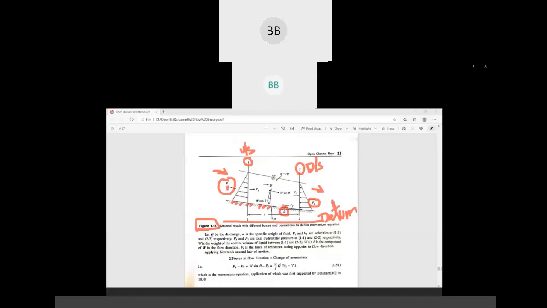Then we all know we have to resolve into two components. One is W sin theta, one is W cos theta. W is nothing but the weight of water in between section 1 and 2.